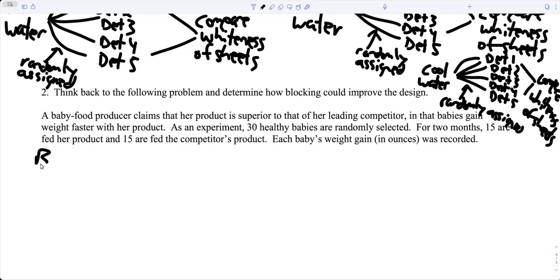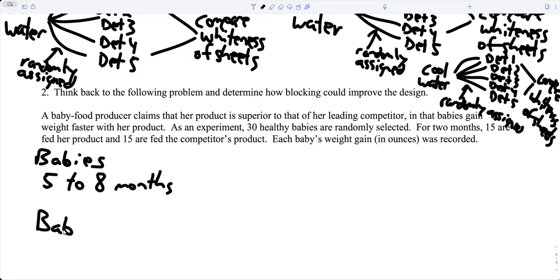So let's say maybe we do babies that are 5 to 8 months old. And then we block by babies that are 9 to 12 months old.